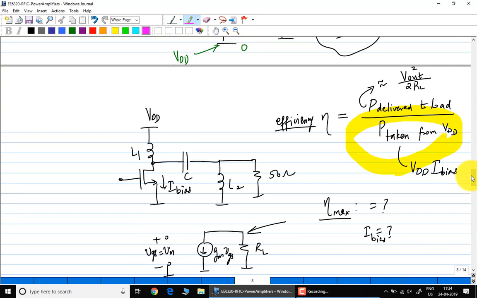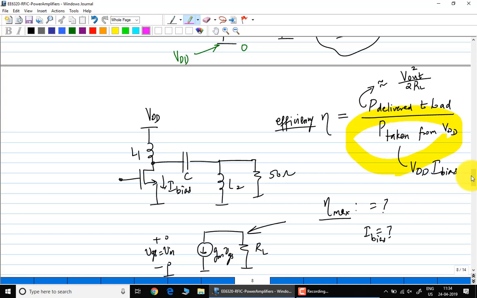The next metric that we looked at was efficiency of the PA. Efficiency can be easily defined by taking the power delivered to the load and taking the ratio of that to the power taken from the VDD.